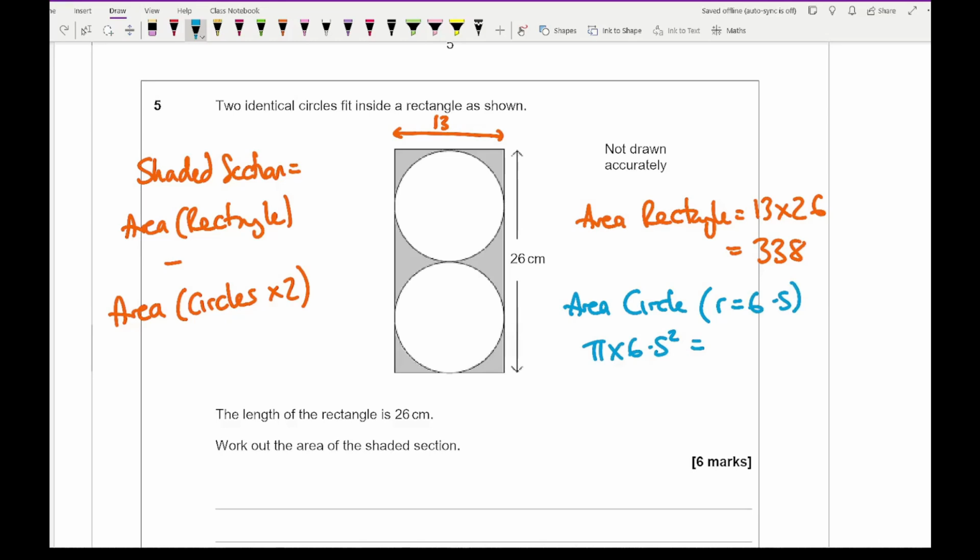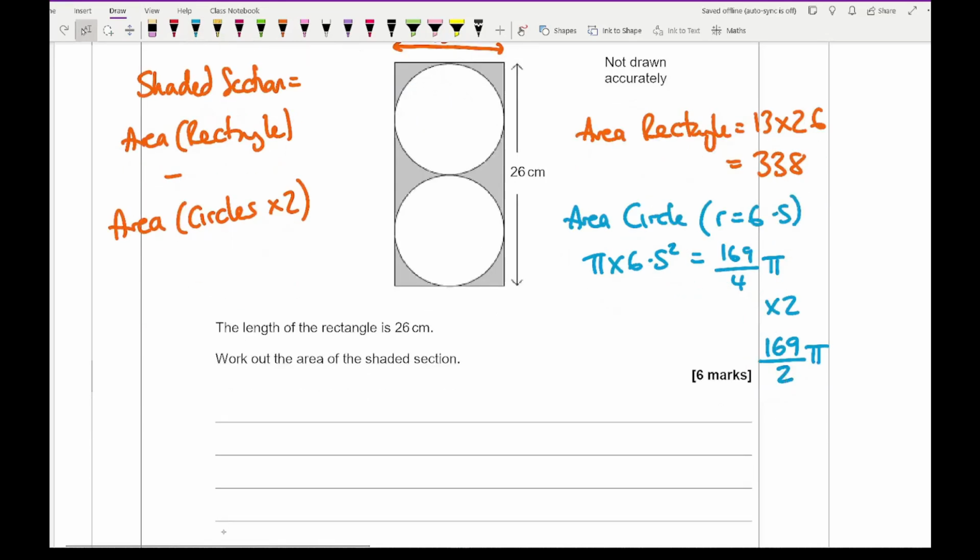So 6.5 squared times pi gives me an answer of 169 divided by 4 pi. Now I need 2 of those, so if I multiply that by 2, I get 169 divided by 2 pi. So to work out the area of the shaded area, I take away those 2 amounts.